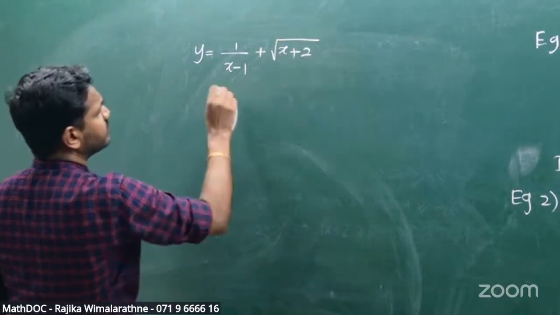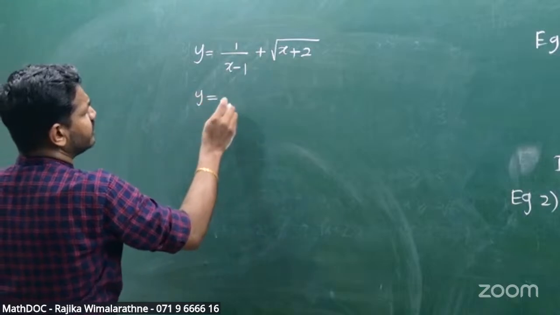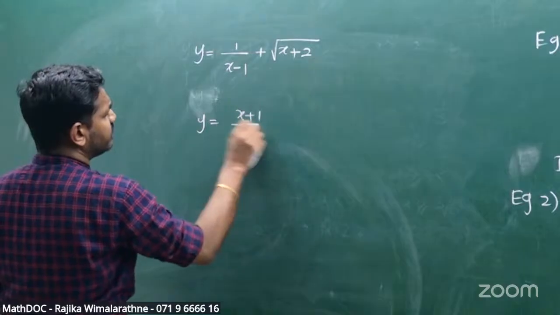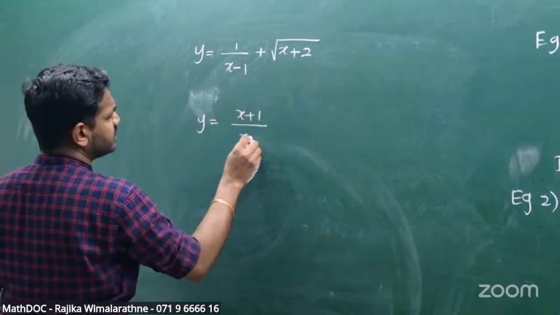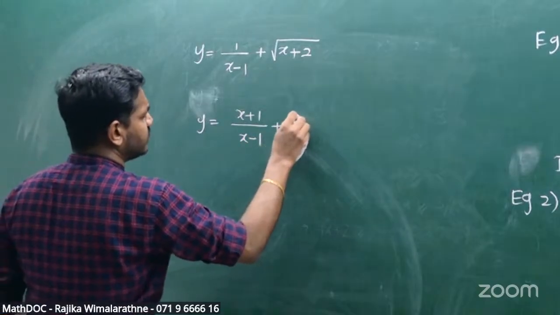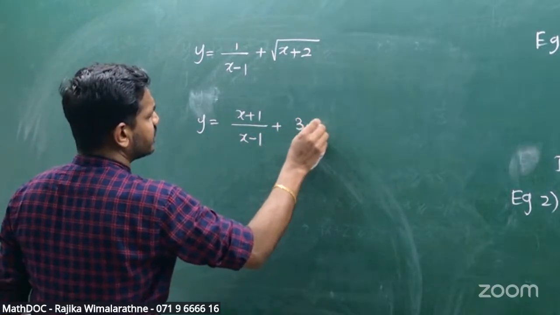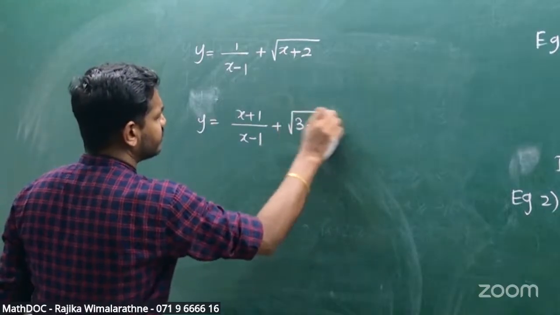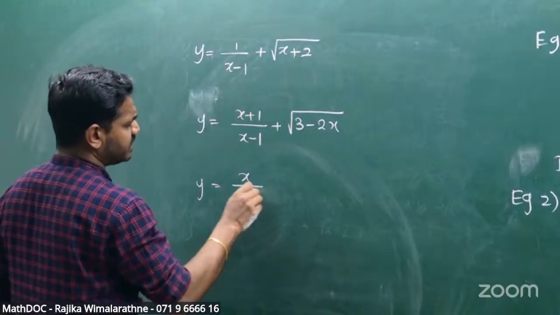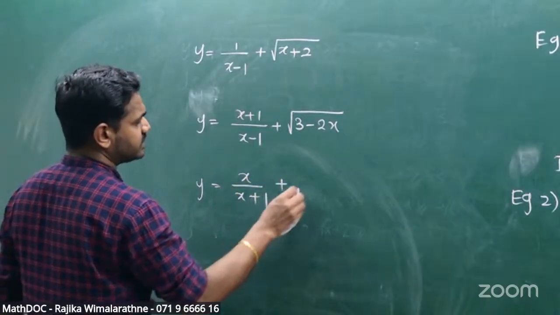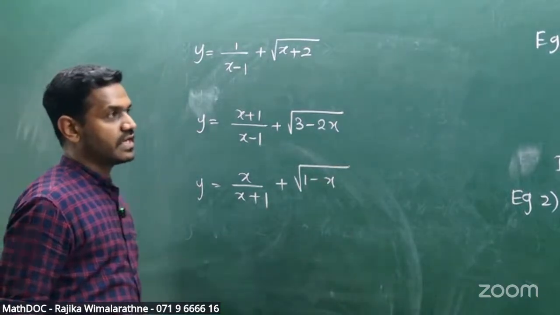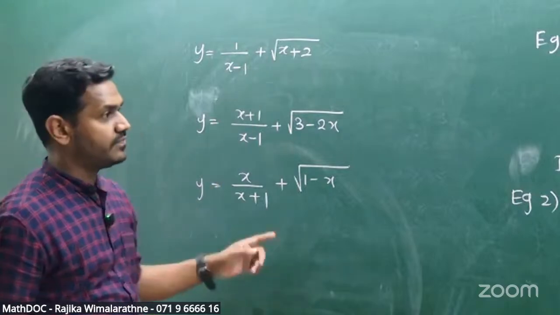Then y equals x plus 1 over x minus 1 plus the square root of 3 minus 2x. And y equals x over x plus 1 plus the square root of 1 minus x. Okay, you just try them.